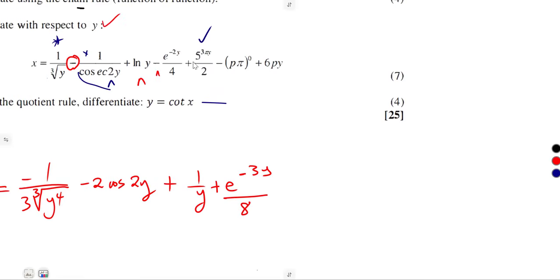This one is already in simplest form, that is 5 to the exponent of 3 pi y over what? Over 2. This 1 over 2 is a constant.